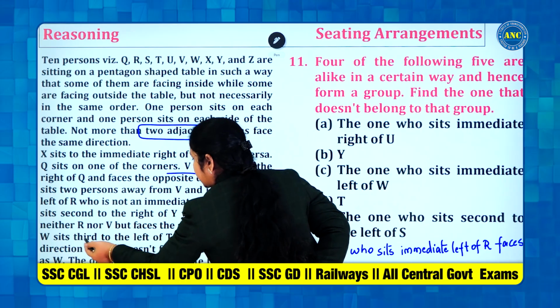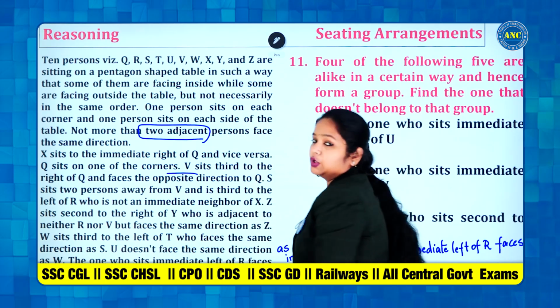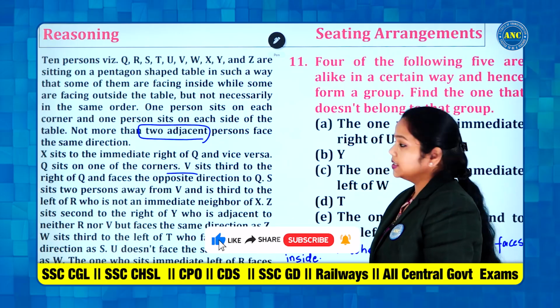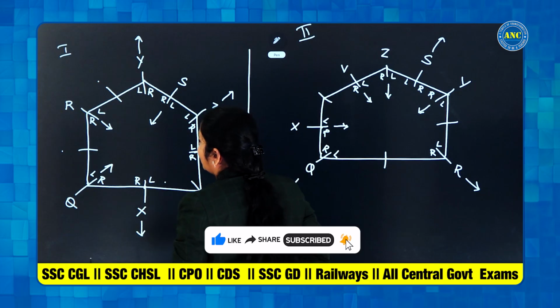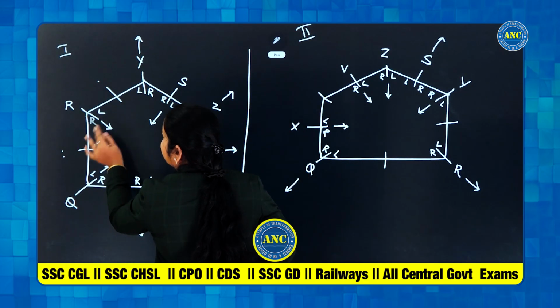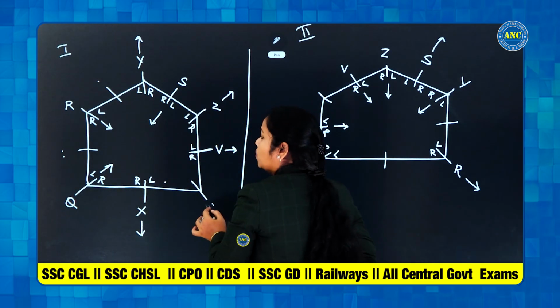W sits third to left of T, who faces same direction as S. Where I can take third to left? Third to left means if you take these both vacant places, it becomes a second only. So, this is the only vacant position where I can take third to left.